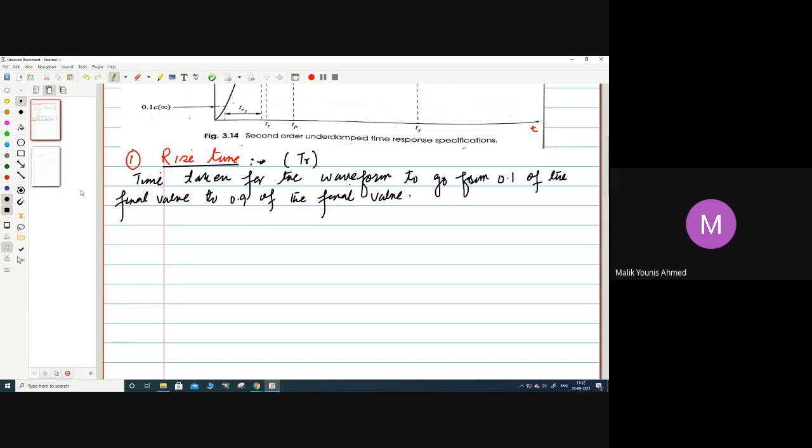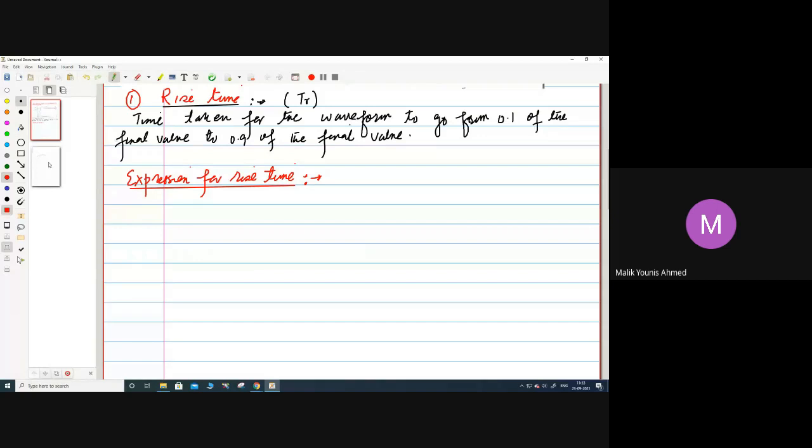Let's now derive the expression for this rise time. We are talking about the step response right now.